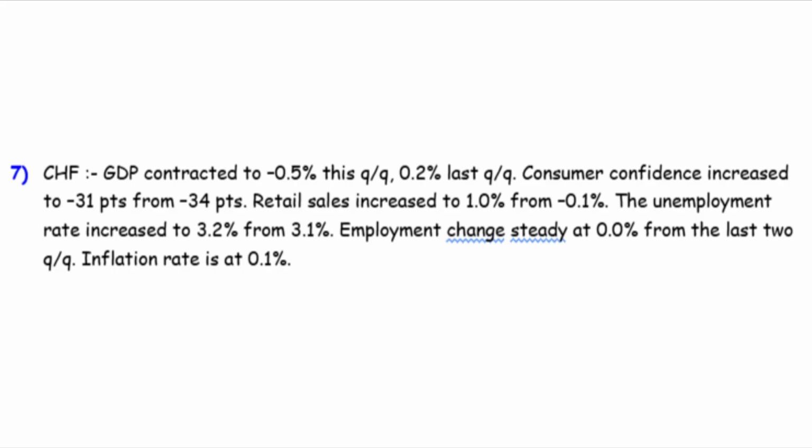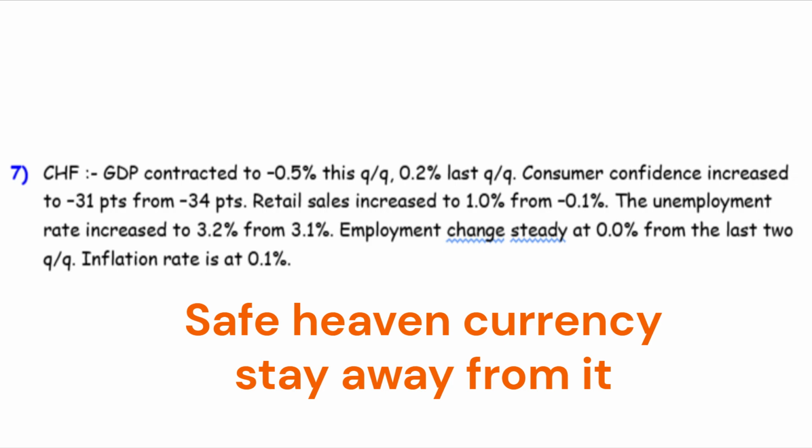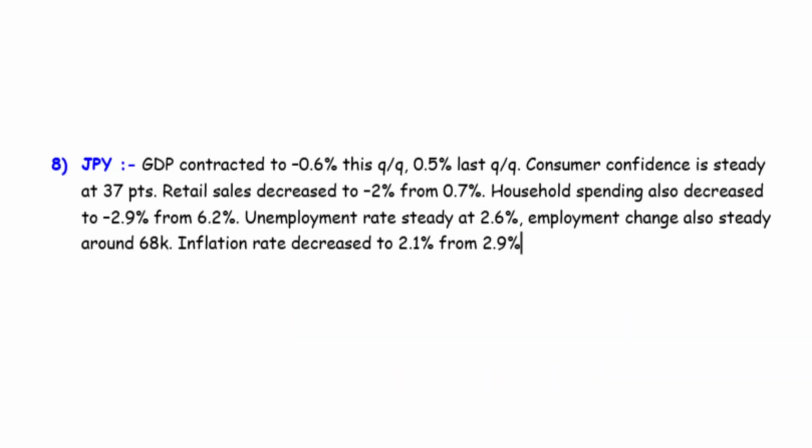Employment change steady at 0.0% from last 2 quarters. Inflation rate is at 0.1%. Here, CHF is considered a safe haven currency, so I stopped trading it until uncertainty in the world is over.